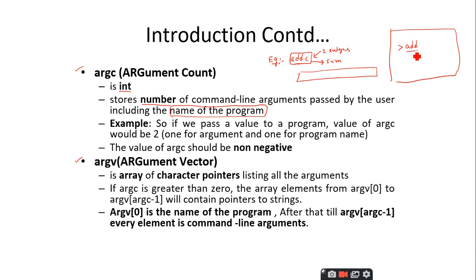After the name of the program, you have to leave one white space and then give the first argument. Let me give the first value as 10, and after this you leave one white space and then give the second argument.